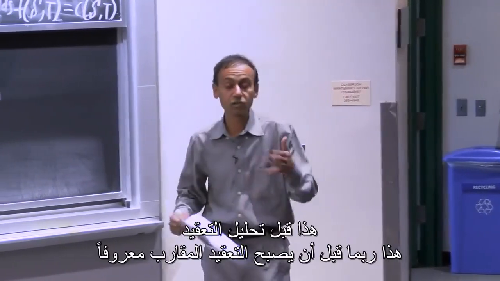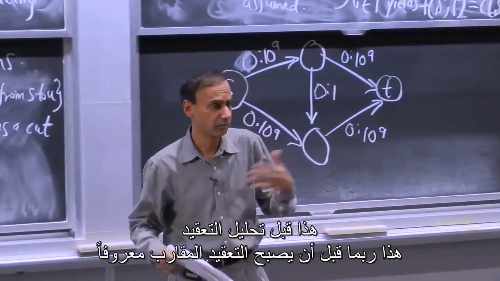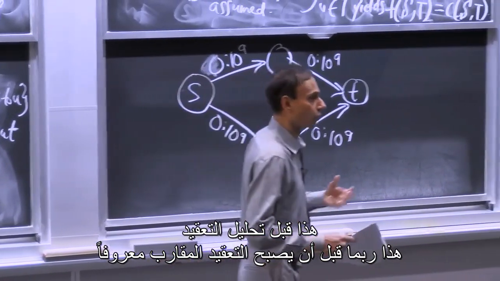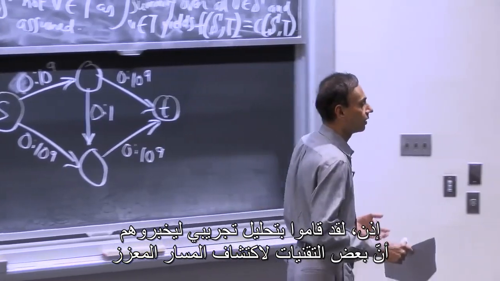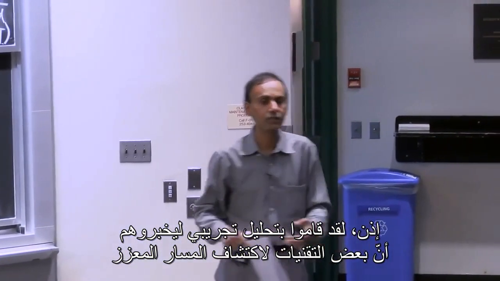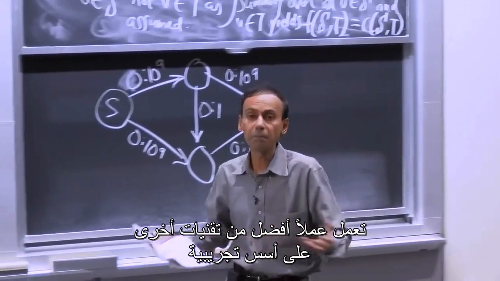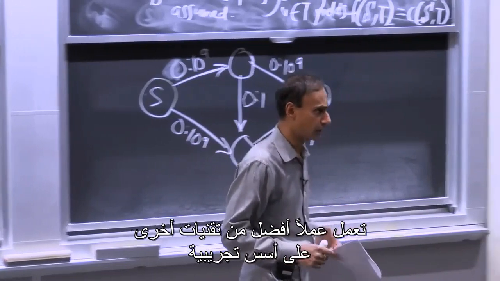This was before complexity analysis, maybe before asymptotic complexity really came into vogue. So they just had empirical analysis to tell them that some techniques for discovering augmenting paths work better than other techniques on an empirical basis.